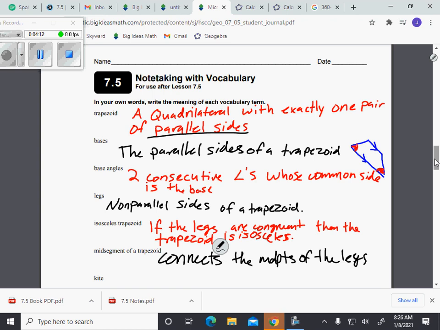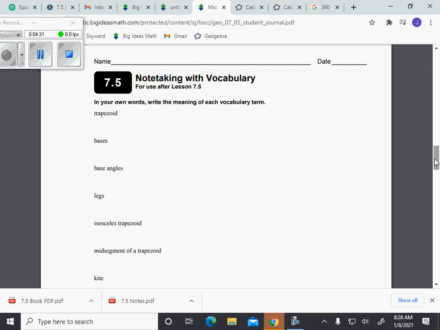So back to our trapezoid up here. Let's say our midpoints are here and here of those legs. This is the midsegment, okay, of a trapezoid. I'm going to erase. I'm going to scroll down here to kite.